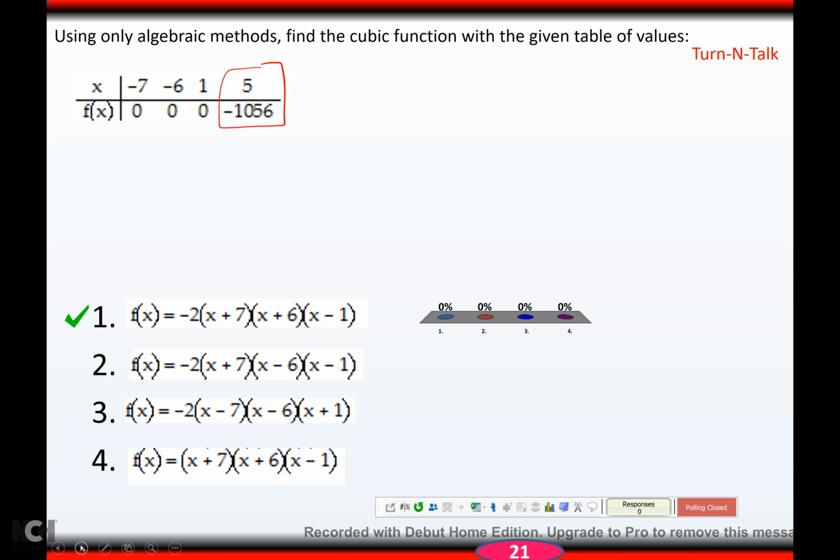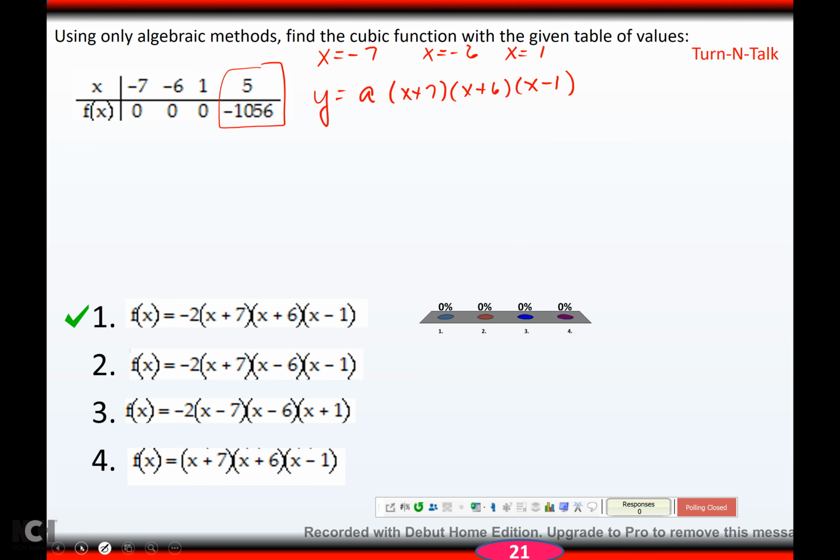Alright, and hopefully you didn't do all the work like I did last time. We only have to get it in factored form, not in standard form. So this table tells me that x equals -7, x equals -6, and x equals 1. So as factors in my function, I'm going to have some leading coefficient times x plus 7 times x plus 6 times x minus 1.